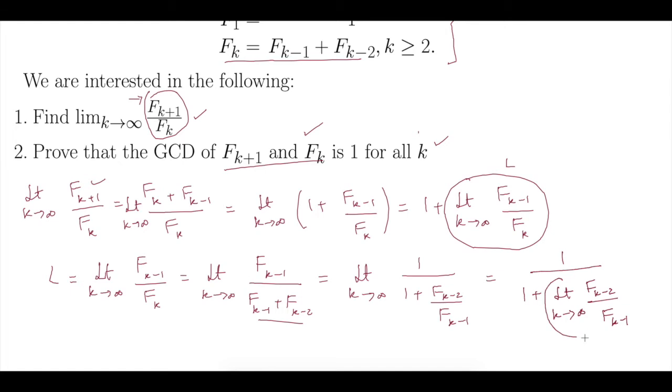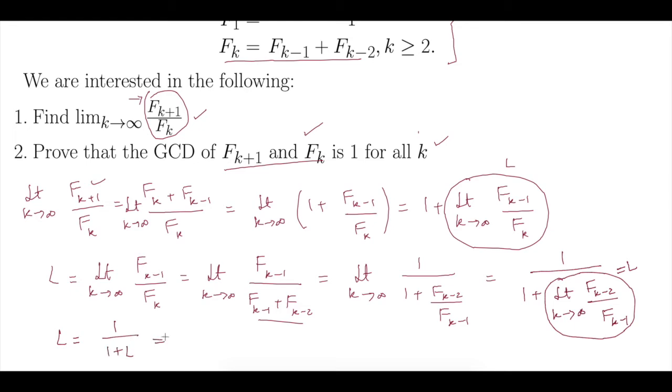Now it's easy to see that this is also equal to L, because this L and this L are the same. What we are saying is taking the ratio of one term to the next one when k goes to infinity. So minus 1 and minus 2 don't change the limit at all. So then I can say L is equal to 1 over 1 plus L.